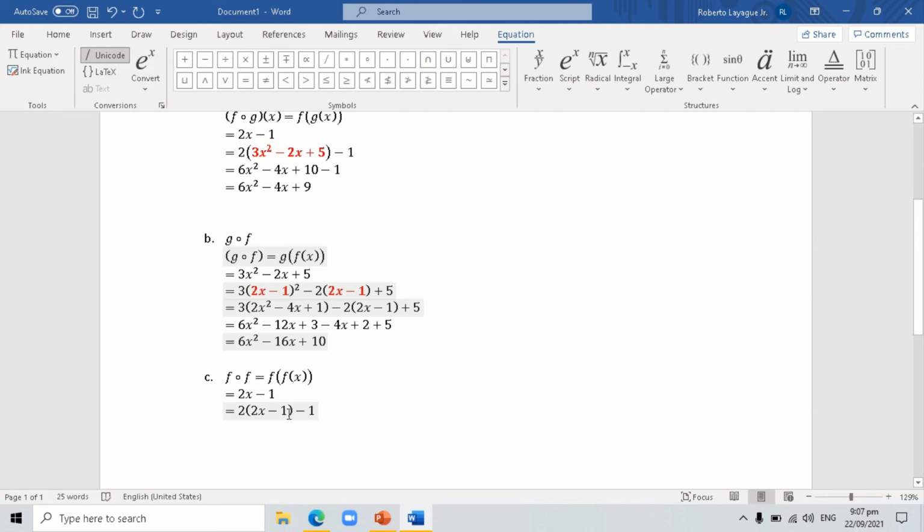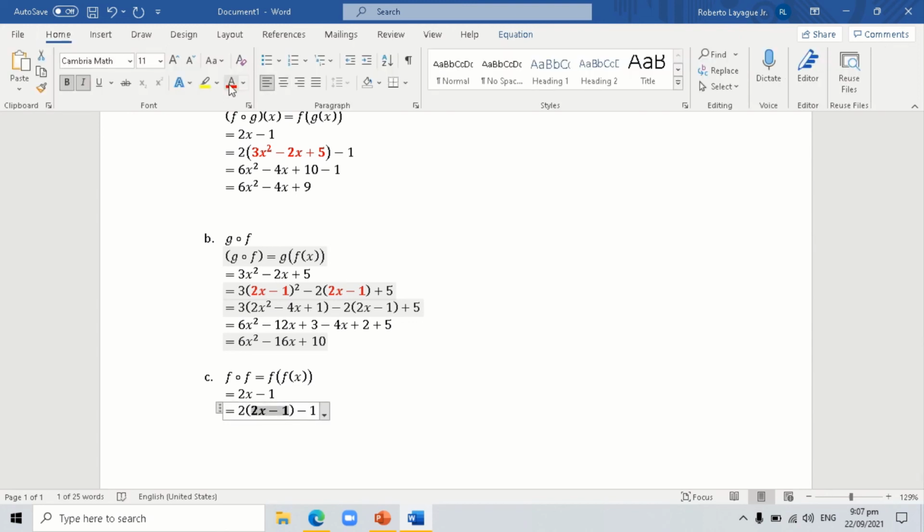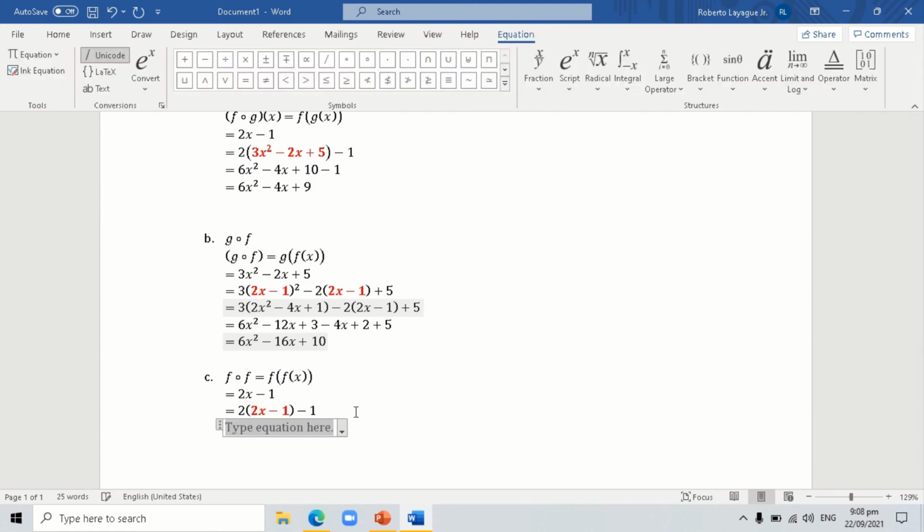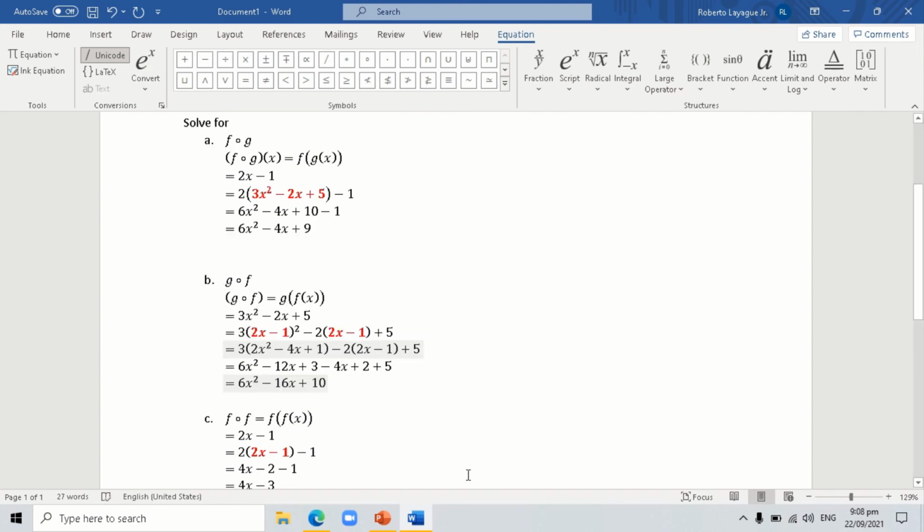Let me make it bold, black rather than red. As you can see in principle, you have 4x minus 2 minus 1, and then you have 4x minus 3. And that's how it works when you're working with the composition of functions.